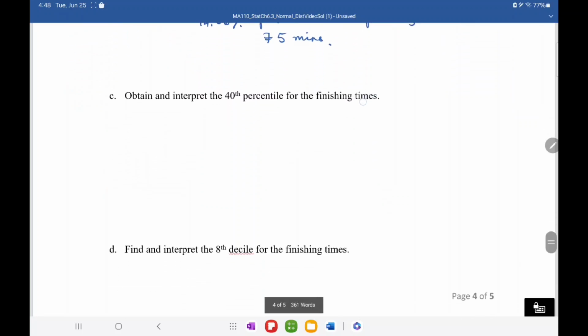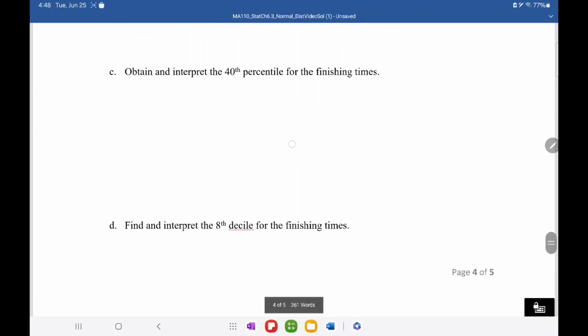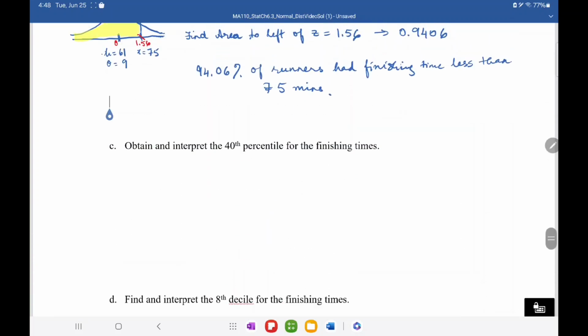All right, so there are 2 more parts to this question. We will solve those before we end the worksheet on normal distribution.